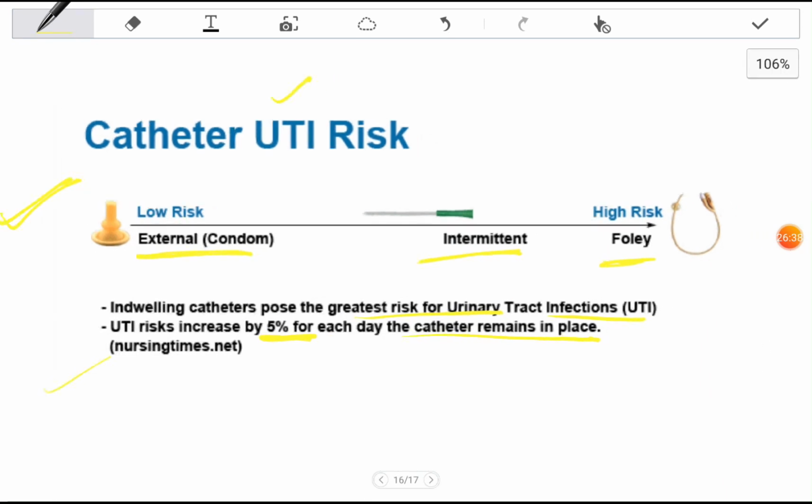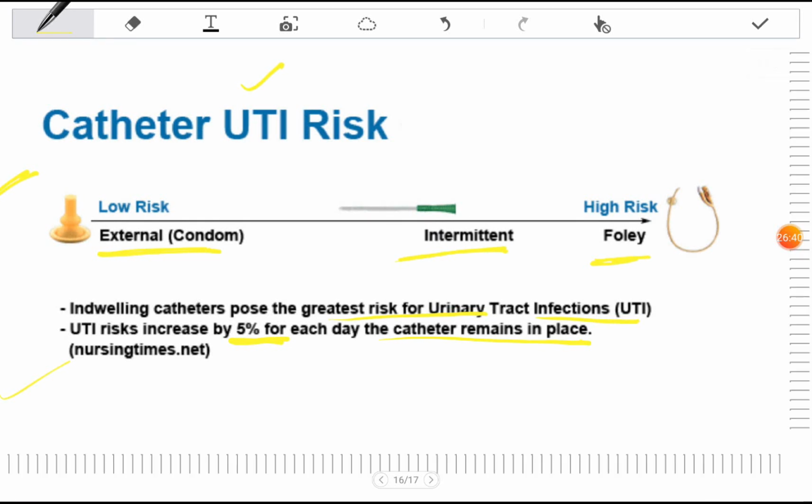Here we can see in the diagram that the external catheter produces very low risk of infection. Then is the intermittent catheter, and the highest risk is in Foley's catheter because it is placed for a longer duration inside the patient according to hospital policy.